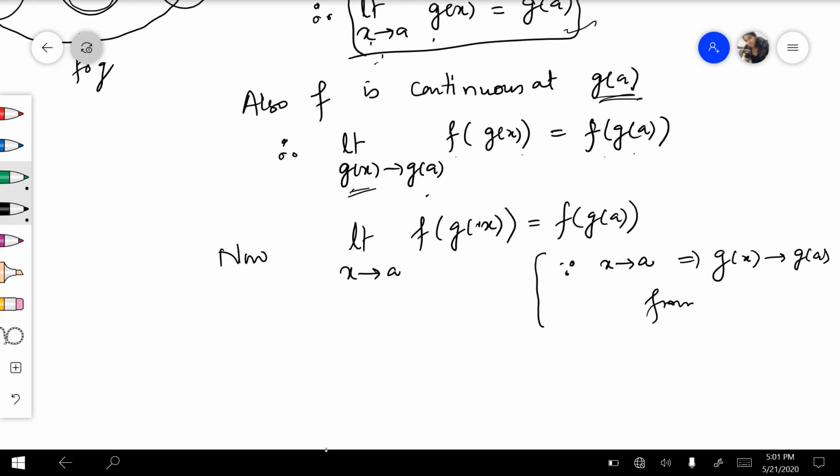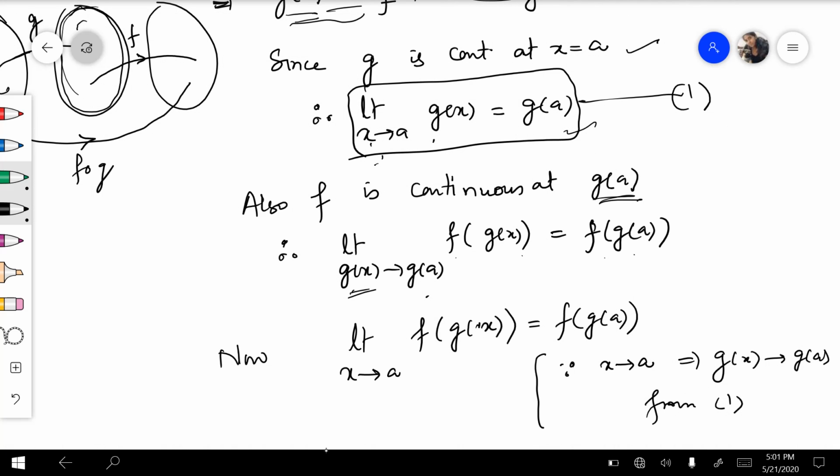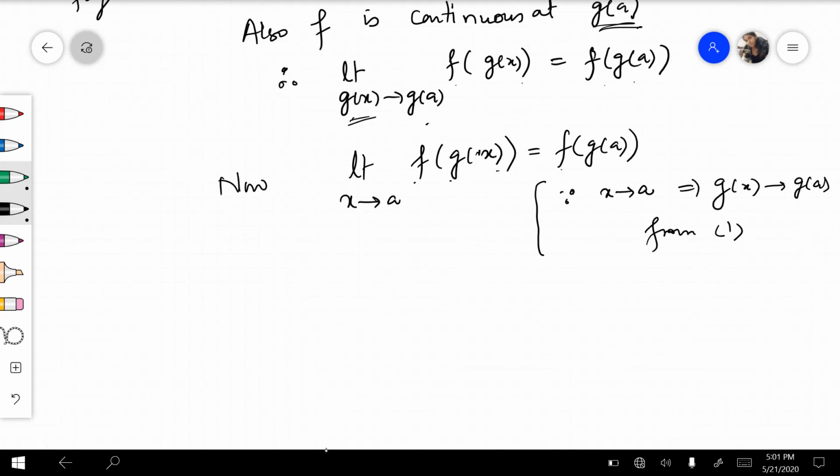This is from the expression I mentioned as first. So what we are getting, the limiting value of f gx is equal to the image at g of a. This means limit x approaches a of f composition g at x is equal to f composition g at a.